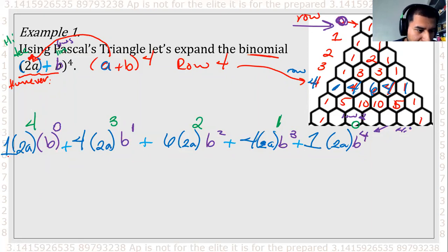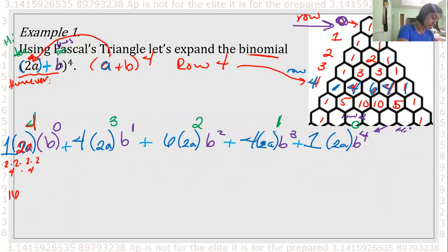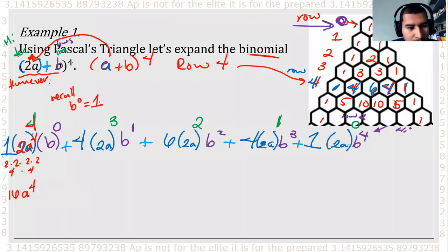So I got the 1 stays as a 1, but notice this right here, the 2 is raised to the 4th exponent also. So that means 2 times 2 times 2 times 2. So not to worry, 4 times 4, that is 16. And the A is also to the 4th, so that is A to the 4th. The B is to the 0, so remember, when B is to the 0, that is equal to 1.